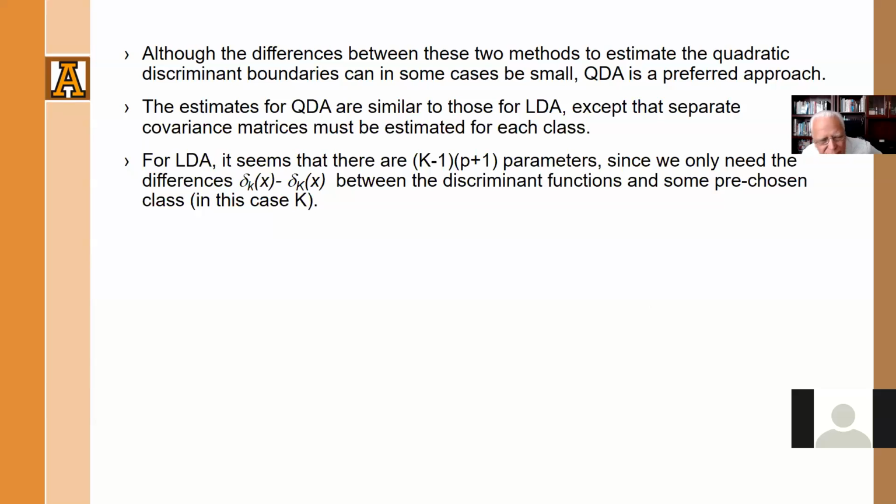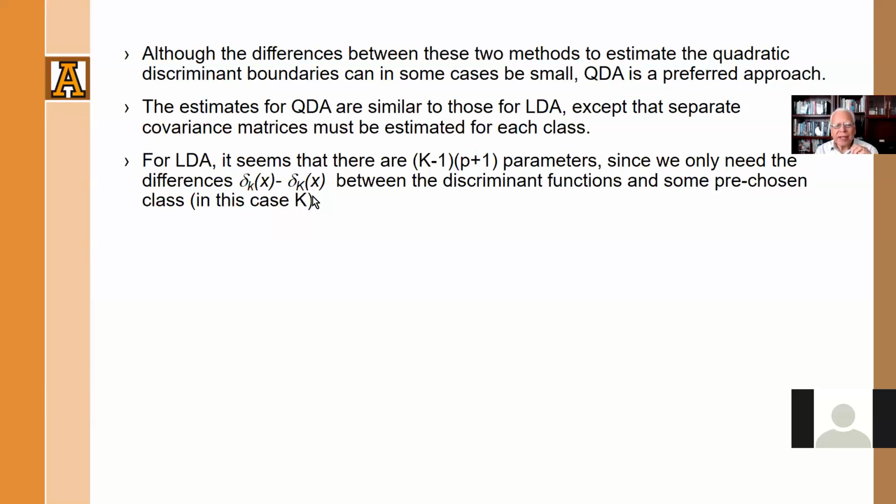In part, the reason, though not the most important reason, is computing power. For linear discriminant analysis, there are roughly (k minus 1) times (p plus 1) parameters. Since we only need the distances, we don't need to compute the exact function. We only need to see how far away the discriminant functions are from the little k class to the big K class.